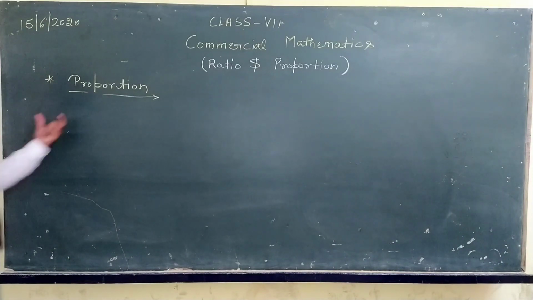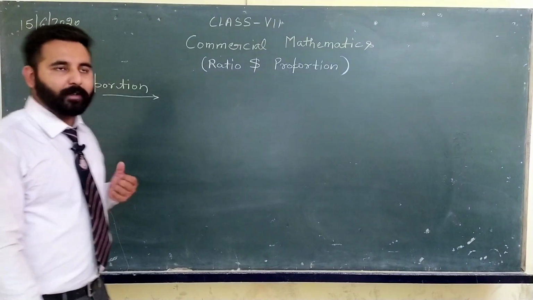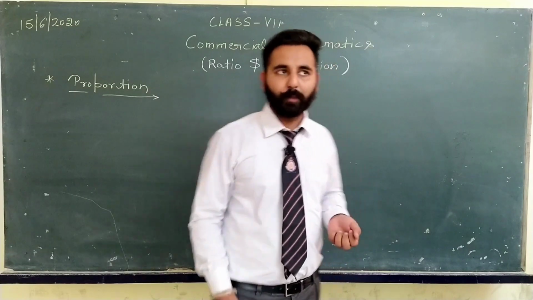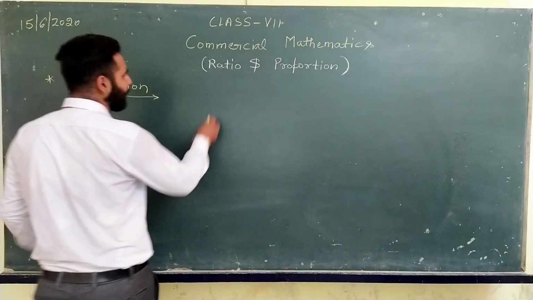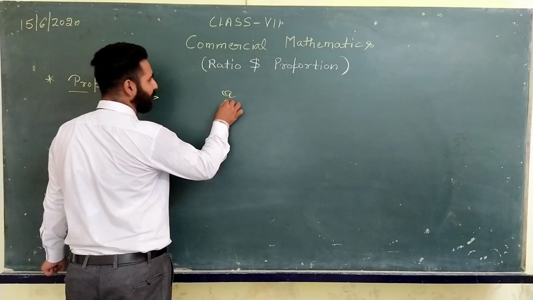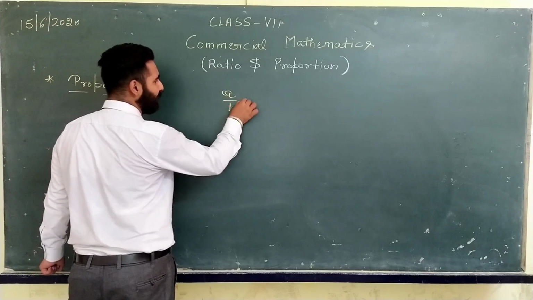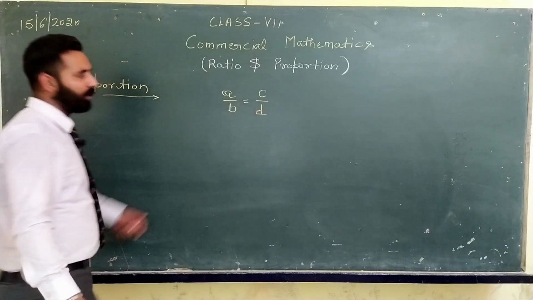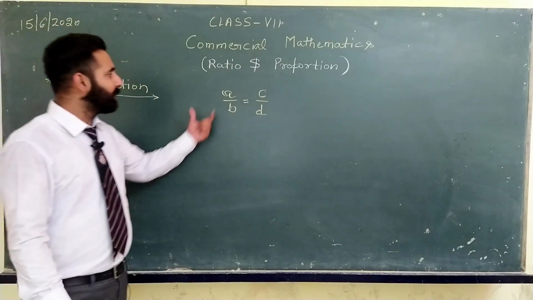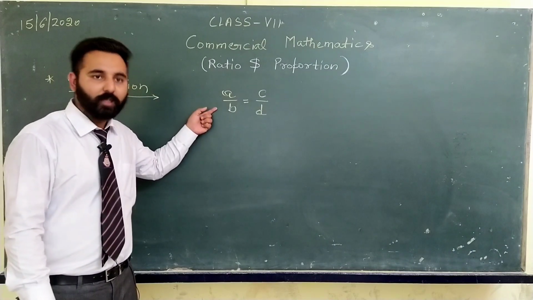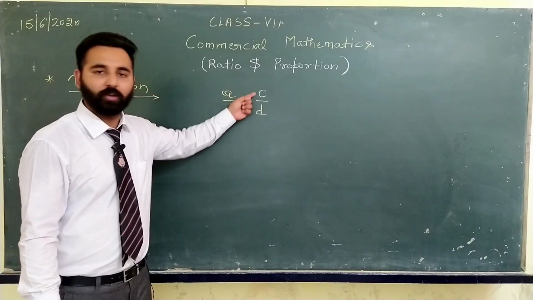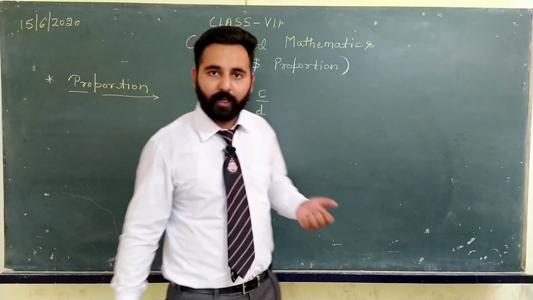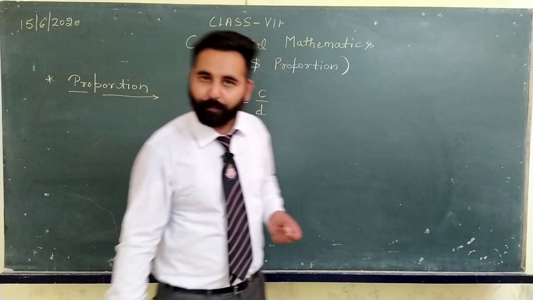Now let us discuss proportion. When two ratios are equal, then we say their terms are in proportion. For example, if I am having A upon B is equal to C upon D, then here we are having A ratio B equals C ratio D. So we can say A, B, C, D are in proportion.